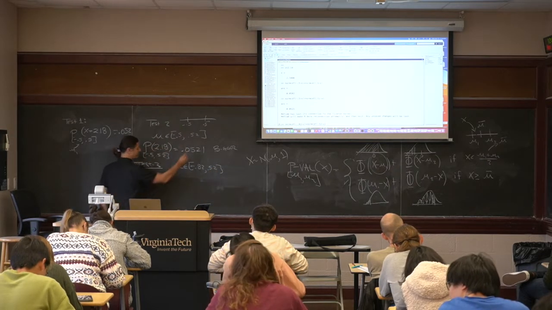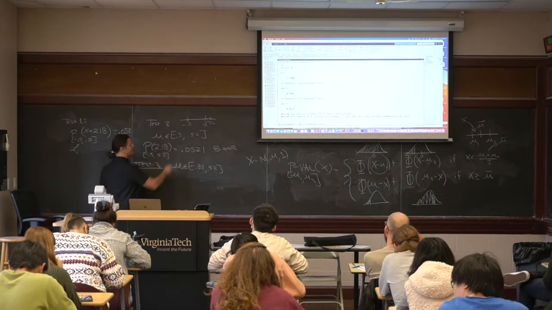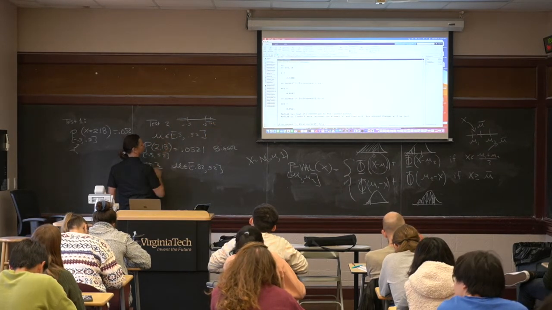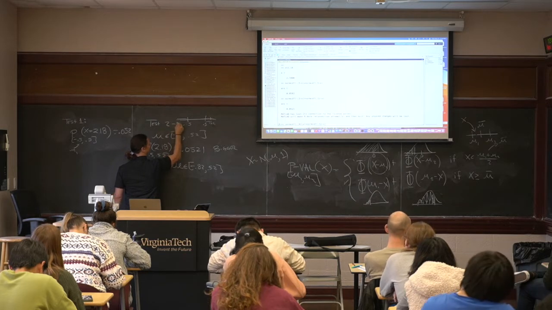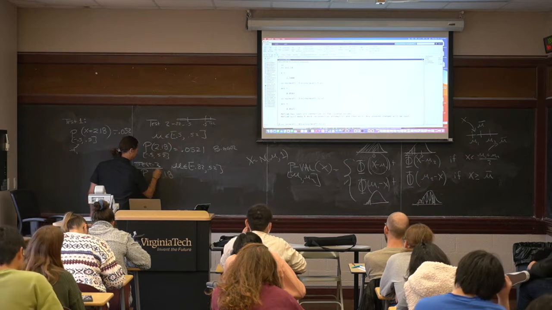What I've done is I kept the 0.52 the same right there, and then I started budging this one over to the left, minus 0.82. Well, we want to compute this p-value.